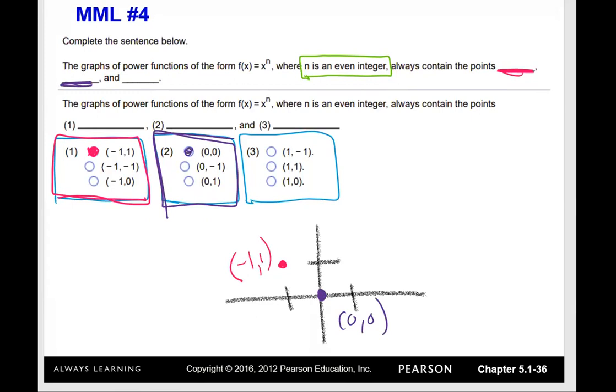So I'm going to click on that. The third box is this one, that would be this point right here, and that is (1, 1). That's something you're supposed to remember.